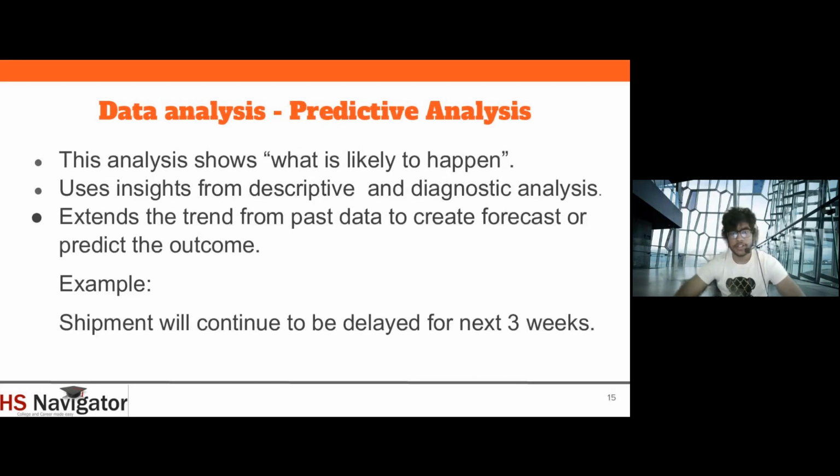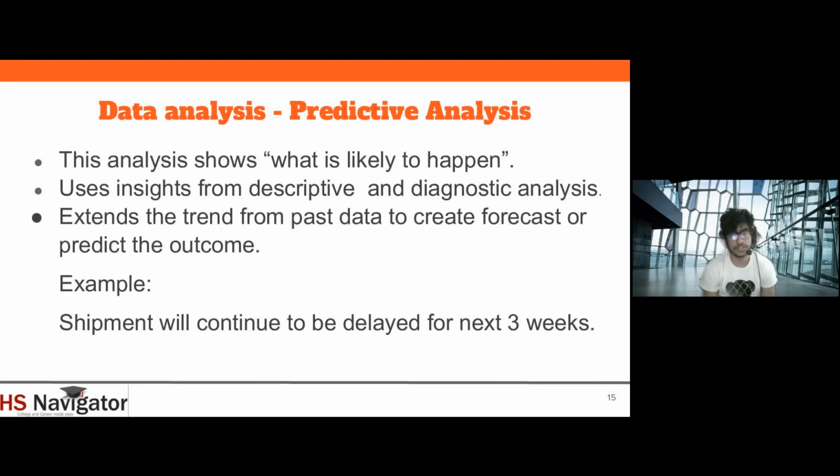The next type of data analysis we're going to look at is predictive analysis. This analysis shows what is likely to happen. And as you can probably guess from the name, with predictive analysis you're going to predict what's going to happen in the near future based on trends you see in the current analysis.